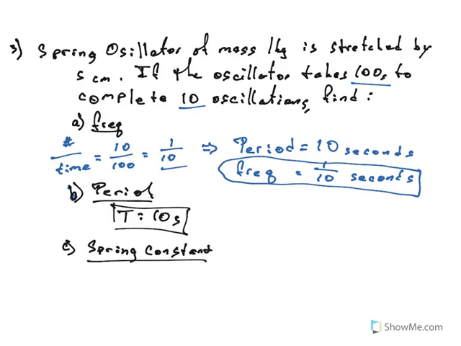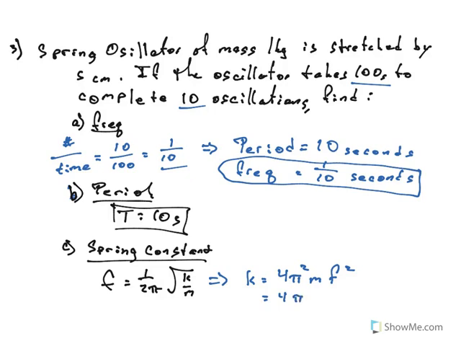Okay, well, just like the previous example, we had the equation for the frequency of a spring oscillator: f = 1 over 2 pi times the square root of k over m. Rewriting it and solving for k, we got k = 4 pi squared m f squared.